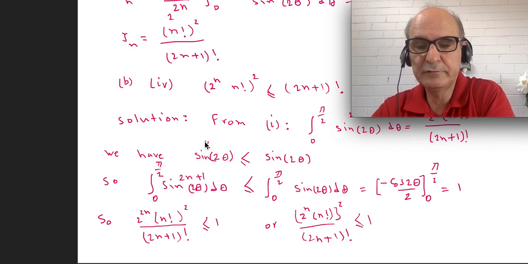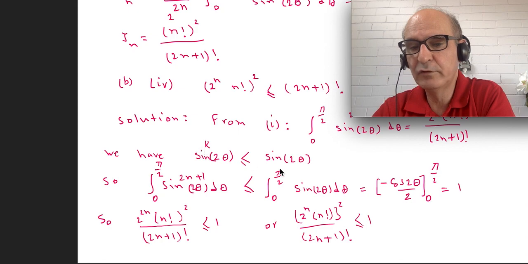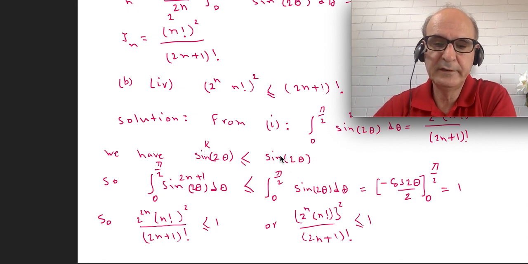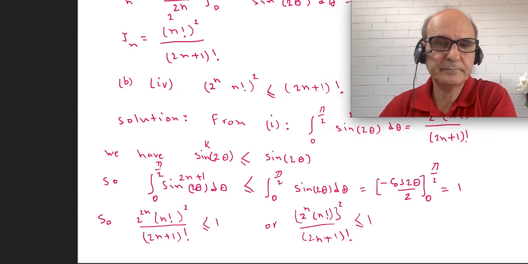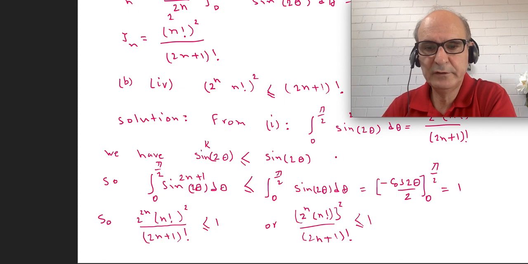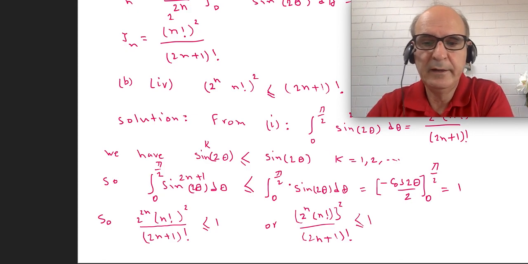So if I take it to the power of k, where k is a positive whole number, definitely that will be smaller than what it was. Maybe I should write here k equal to 1 to a whole number.